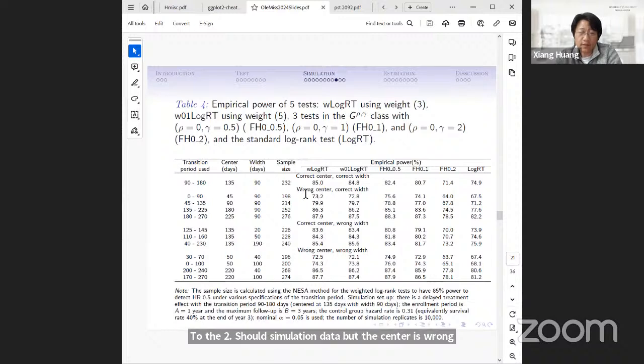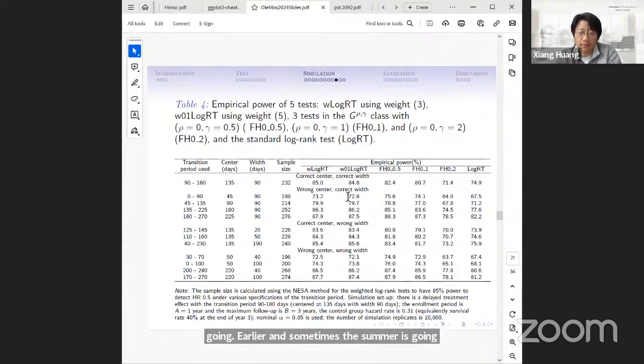In that case, you can see sometimes there's a power loss, sometimes there's a power gain, because the center is different. Sometimes the center is going earlier, and sometimes the center is going later.